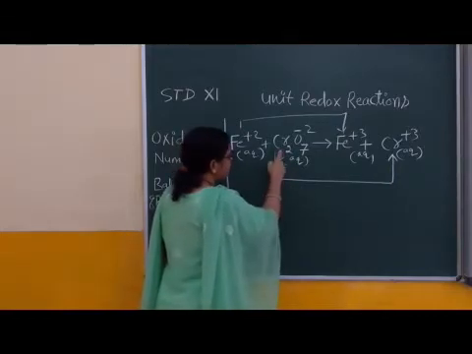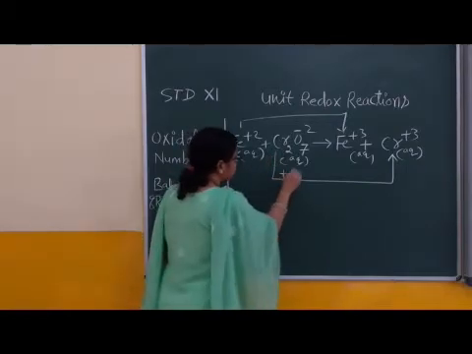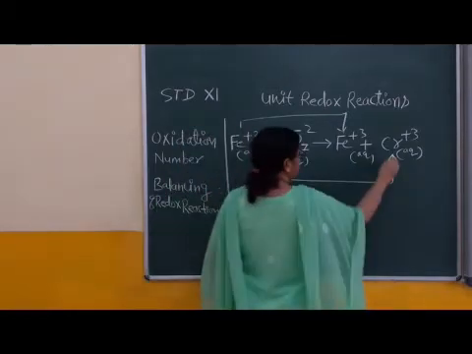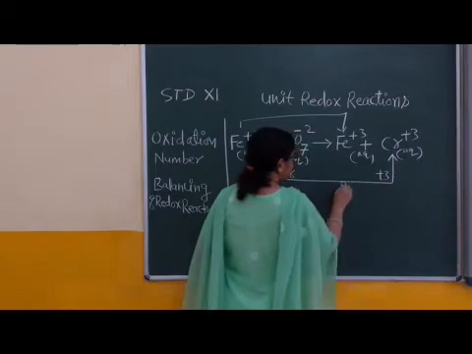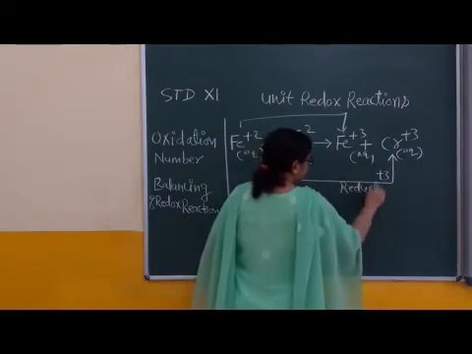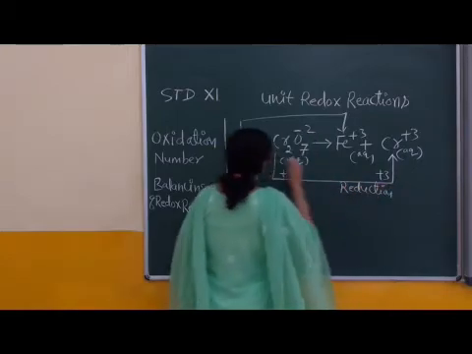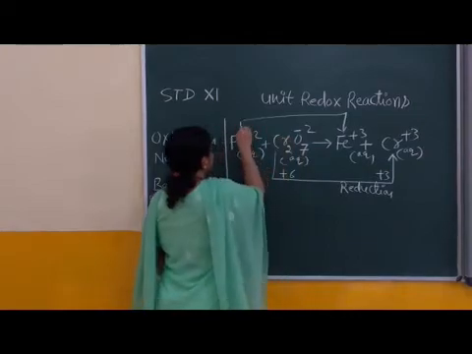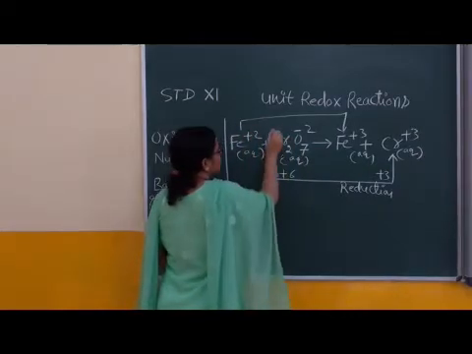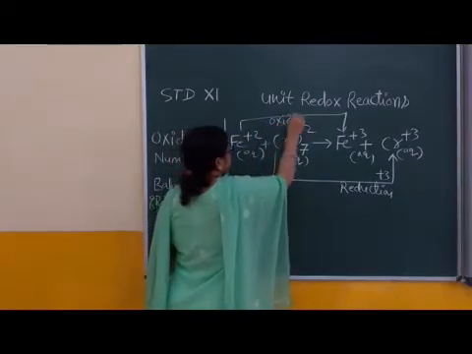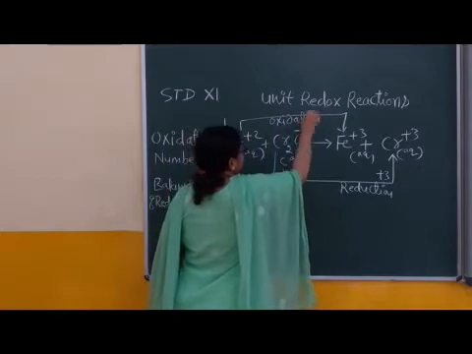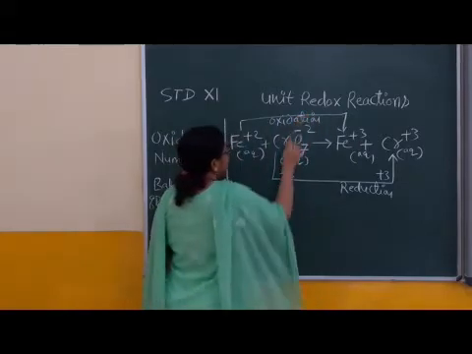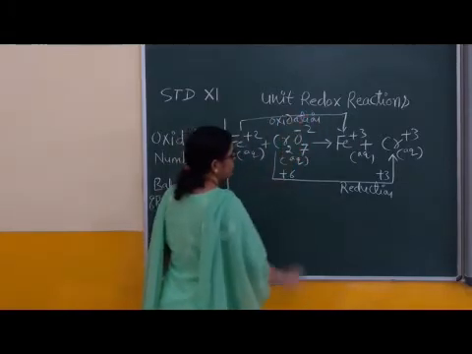The oxidation number of a single chromium is +6, and here one chromium is +3. This is reduction. And +2 to +3, an increase in oxidation number, is always oxidation. This is the oxidation half reaction, and this is the reduction half reaction.